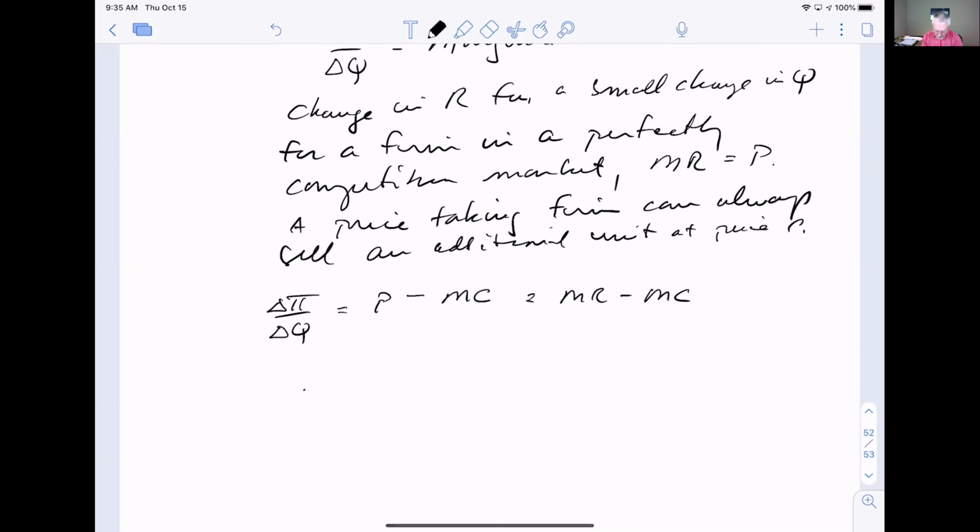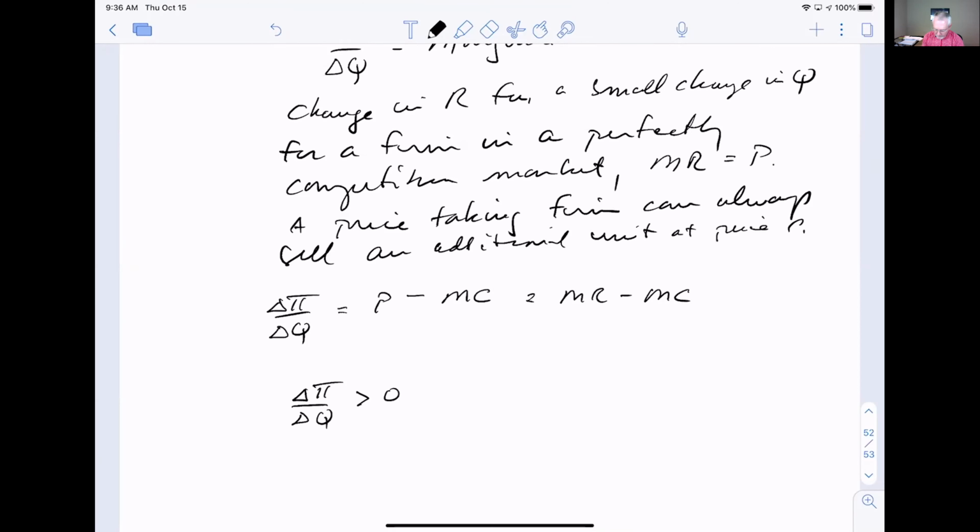So whenever my marginal profit is positive, that tells me that if I produce and sell an additional unit, my profits will go up. And since I'm a profit maximizer, I will go ahead and produce that unit and capture that profit. That's my goal in life.